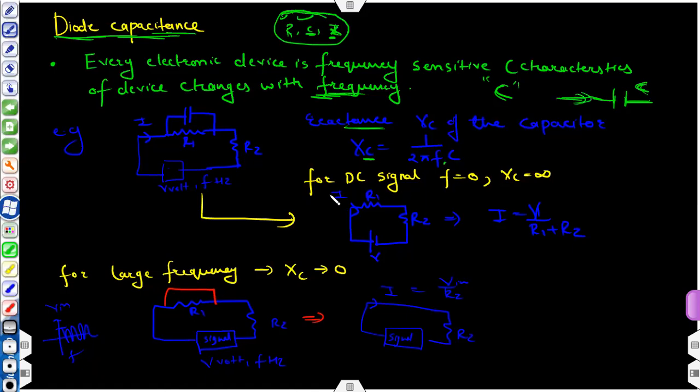For a DC signal, f is 0, since a DC signal is a straight line with no frequency. So the reactance value will be infinite.